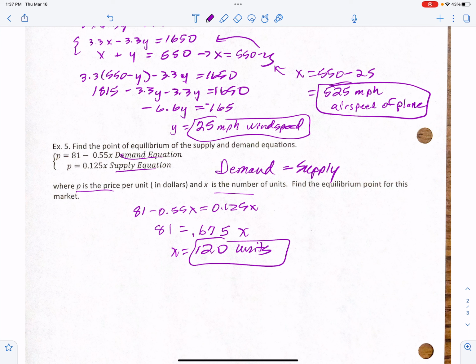And we can figure out the price per unit by taking 120 times 0.125. And it comes out to 1536. And that's it.